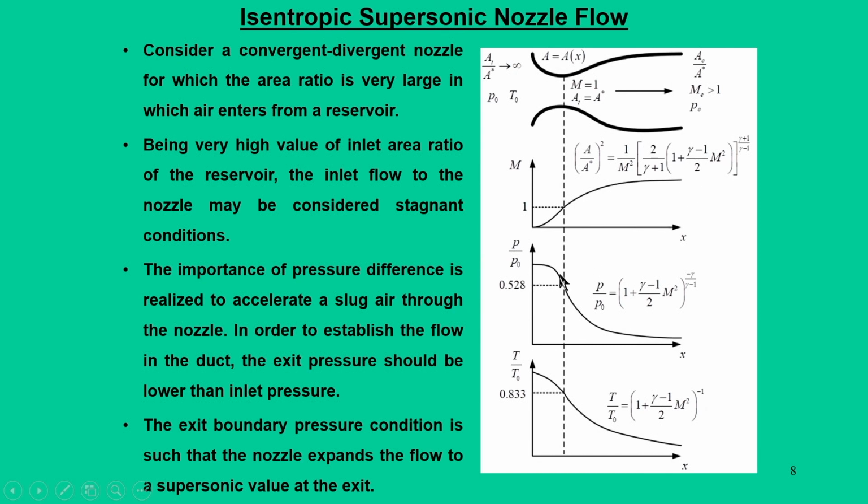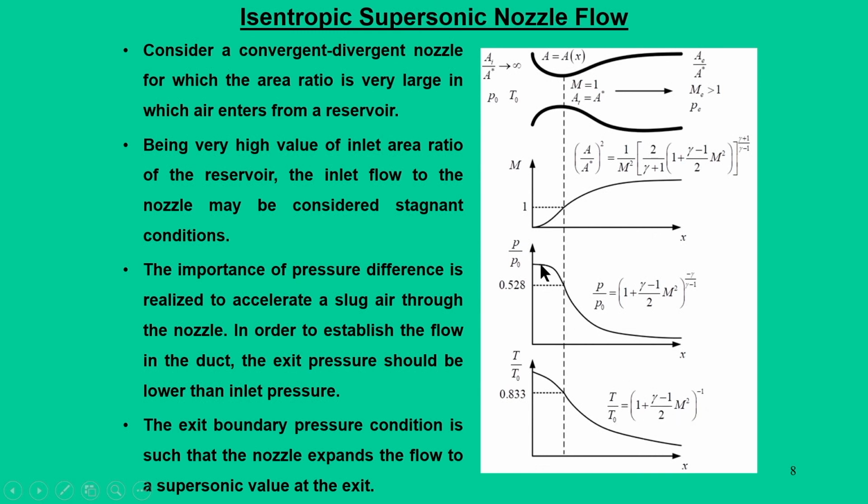Now, corresponding to this Mach number, we also have pressure ratio relations: the exit pressure to stagnation pressure ratio is also a function of Mach number. Similarly, for temperature we have temperature Mach number relations.